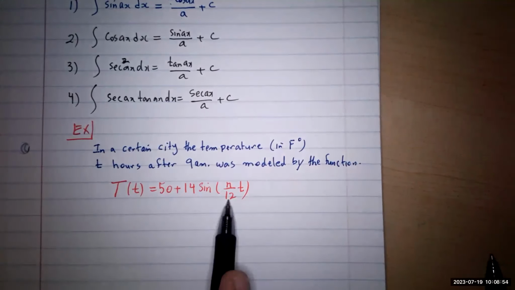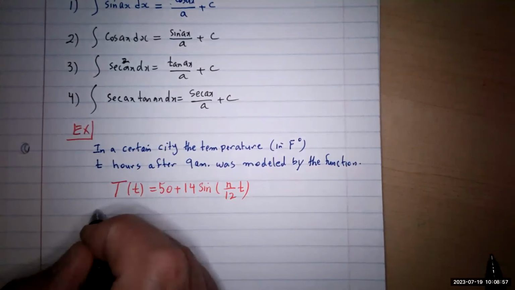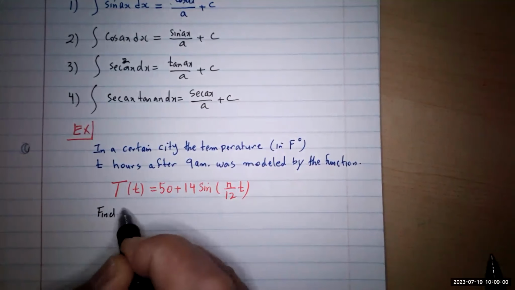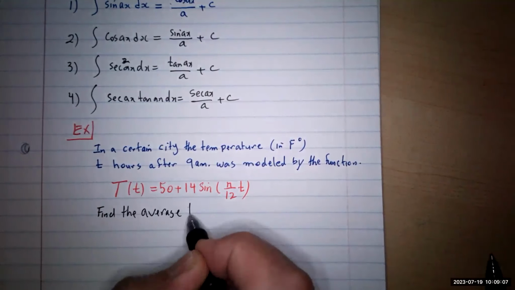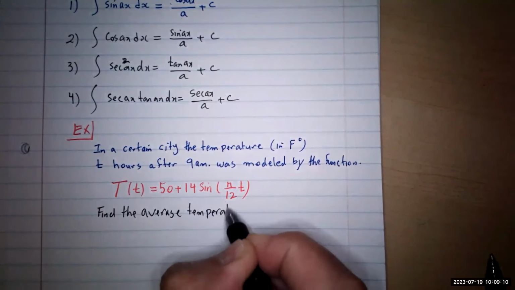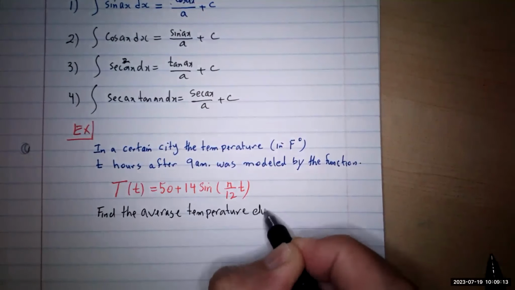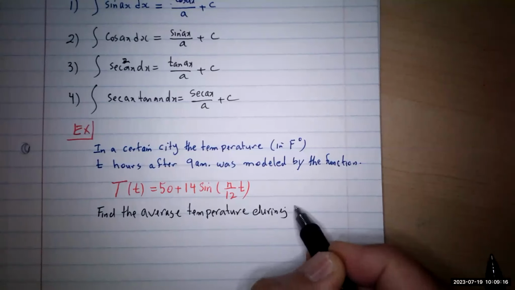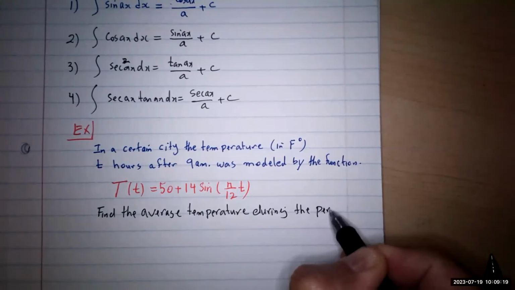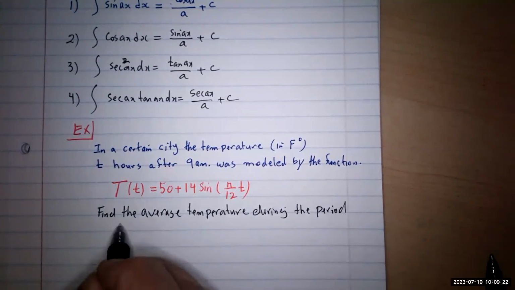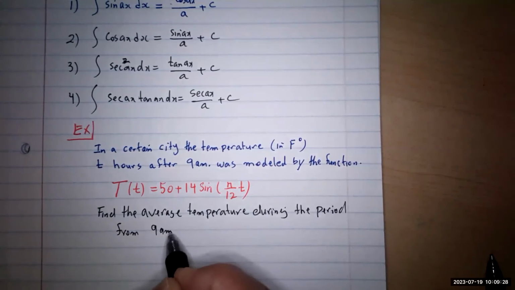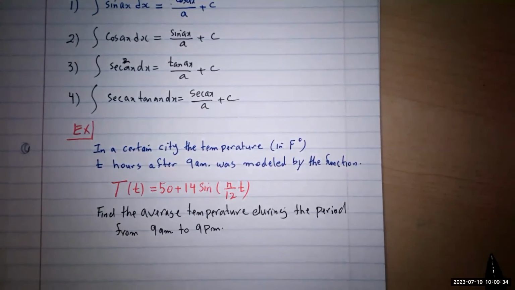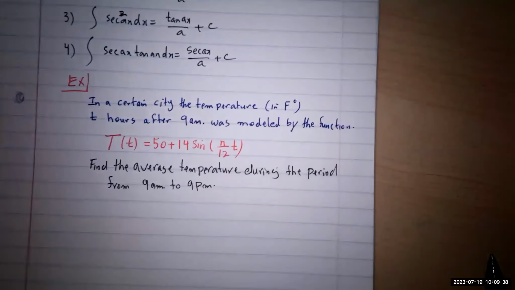So what do you want? You want to use this model to find the average temperature during the day, during the period from 9 a.m. to 9 p.m. We want to know what's going to be the average temperature.